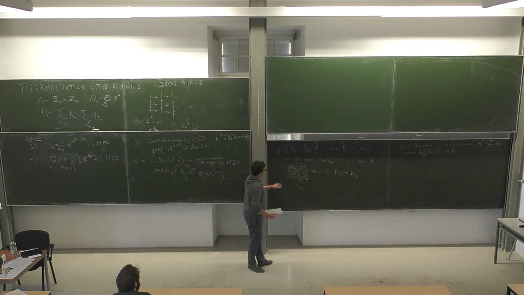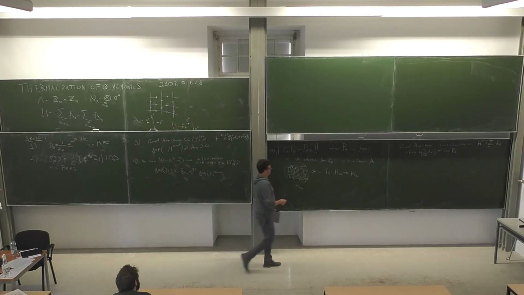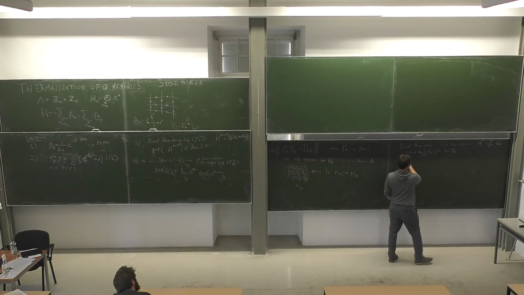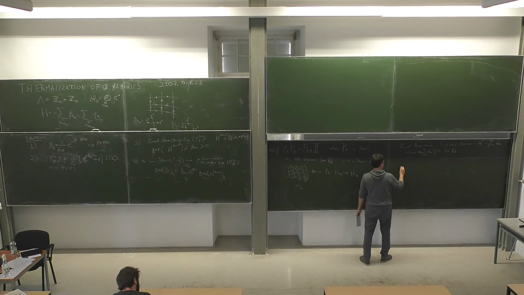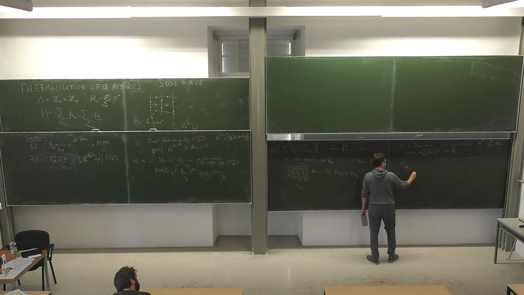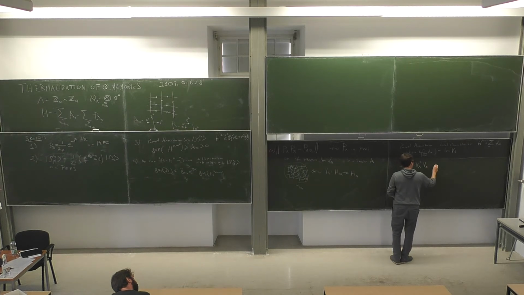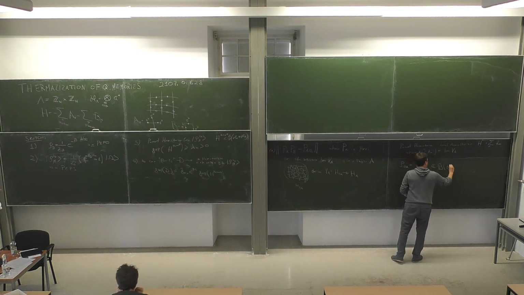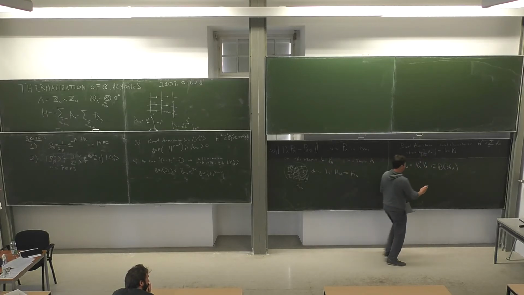And so what I want to say is that these quantities can be calculated with the tensor network representation of PA. And the idea is the following. You define a boundary state, which is a density, not normalized, so a positive operator on the boundary.